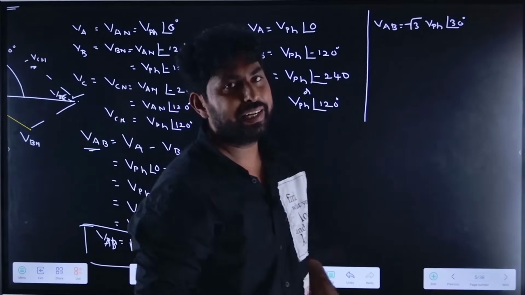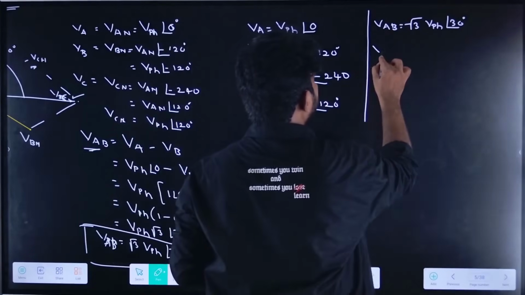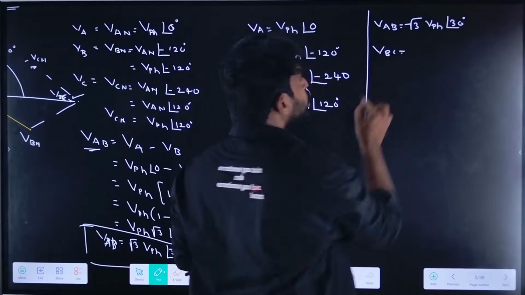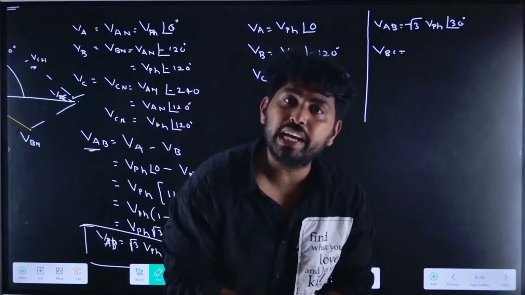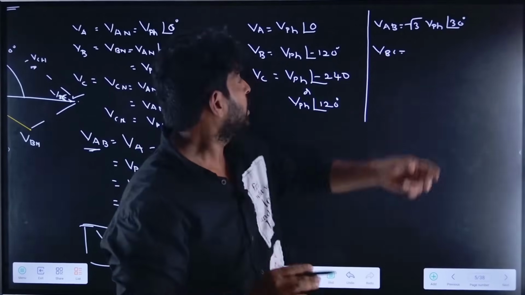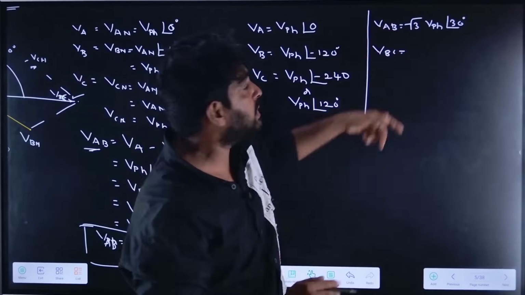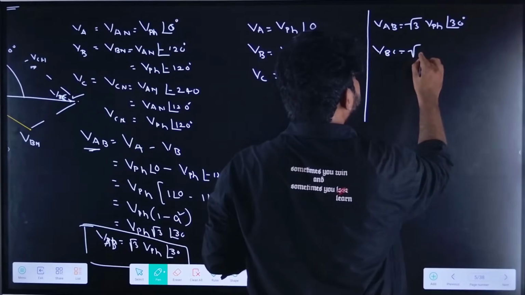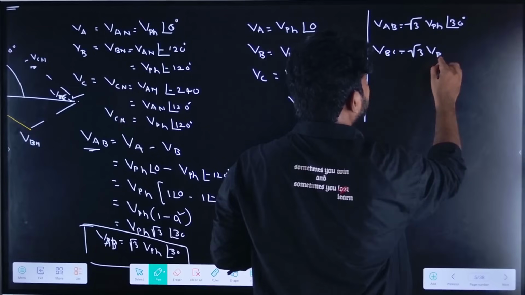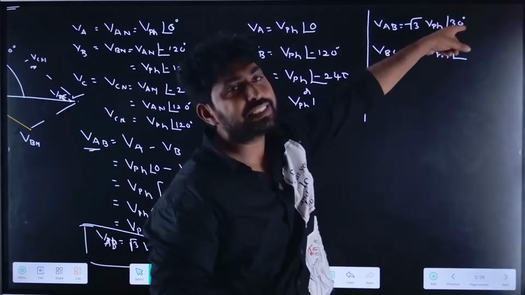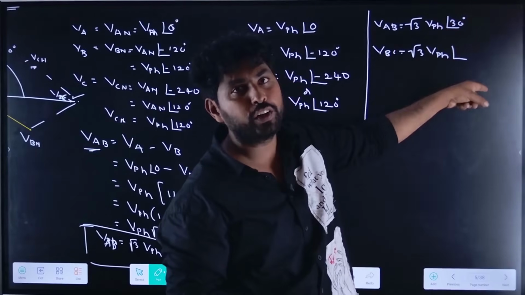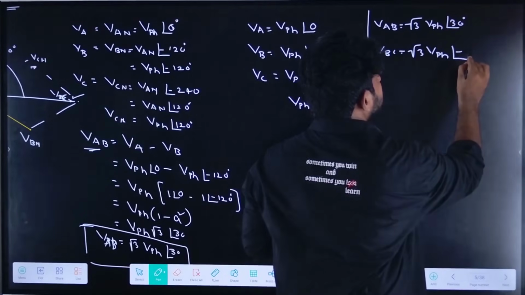What is the phase difference between VAB and VBC? 120 degrees. So if it is minus 120 degrees, root 3 V phase already has 30 degrees; 30 minus 120 is minus 90 degrees.